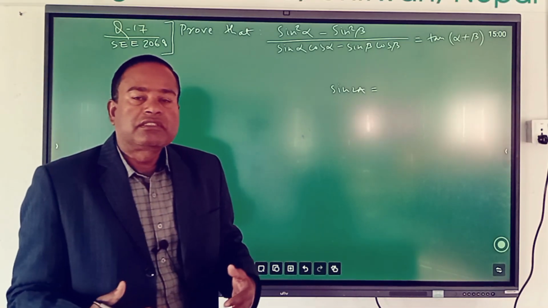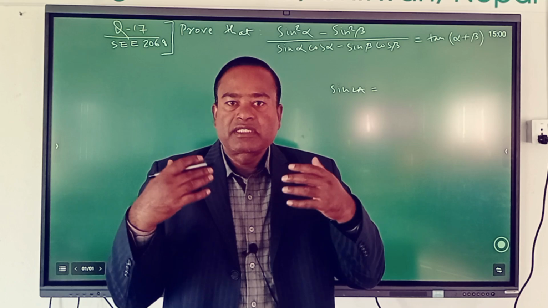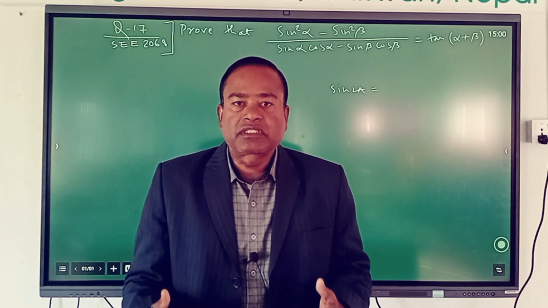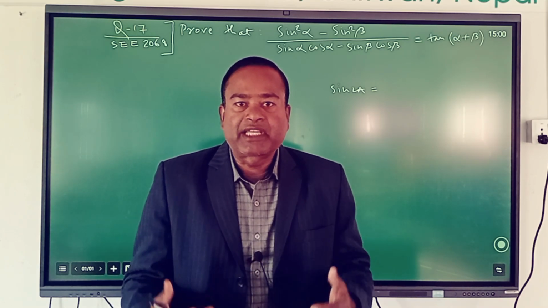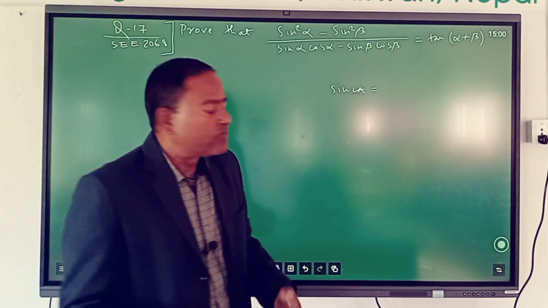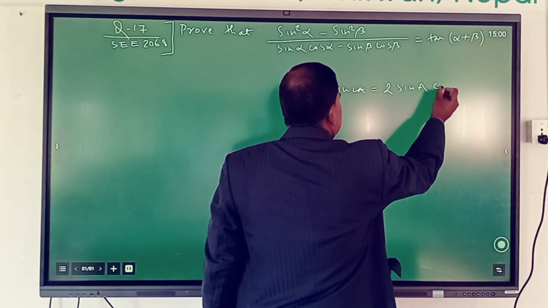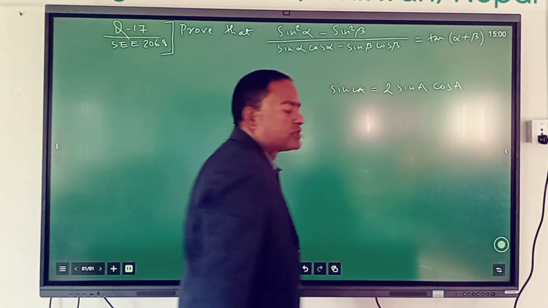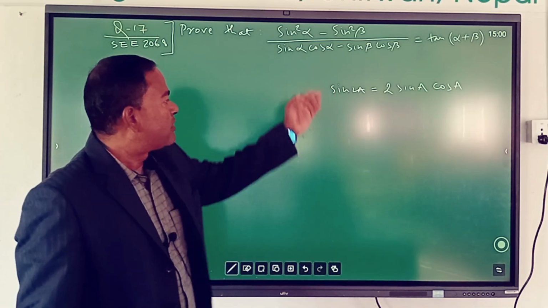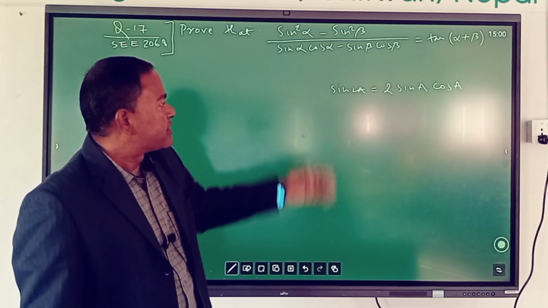We know that the formula of sin 2A, which is also a formula of multiple angles, is equal to 2 sin A cos A. We have to use this formula to prove this question.